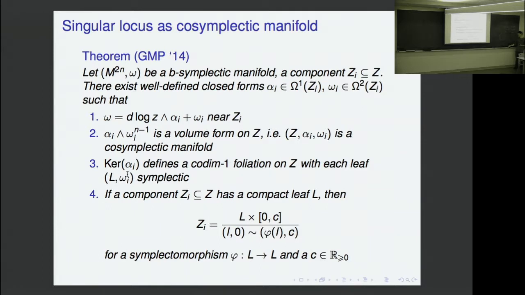In the rest of the talk, we are actually going to compare the Hamiltonian geometry among these three: the b-symplectic, the cosymplectic, and the genuine symplectic. And it turns out that if the leaf is compact, then the singular locus Z is going to be a fibration over S1, so it's going to be a mapping torus.